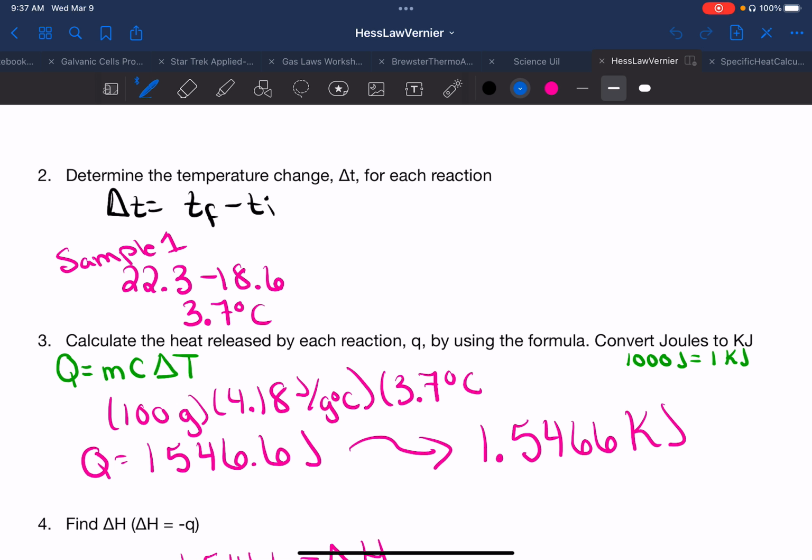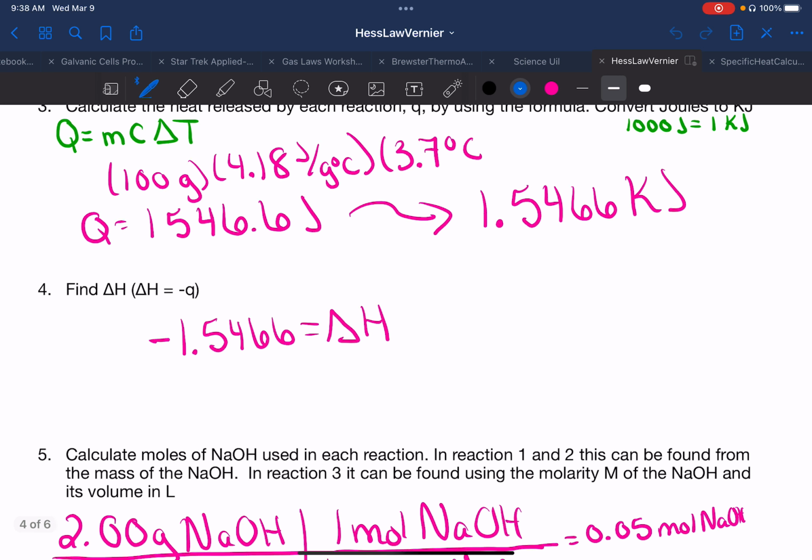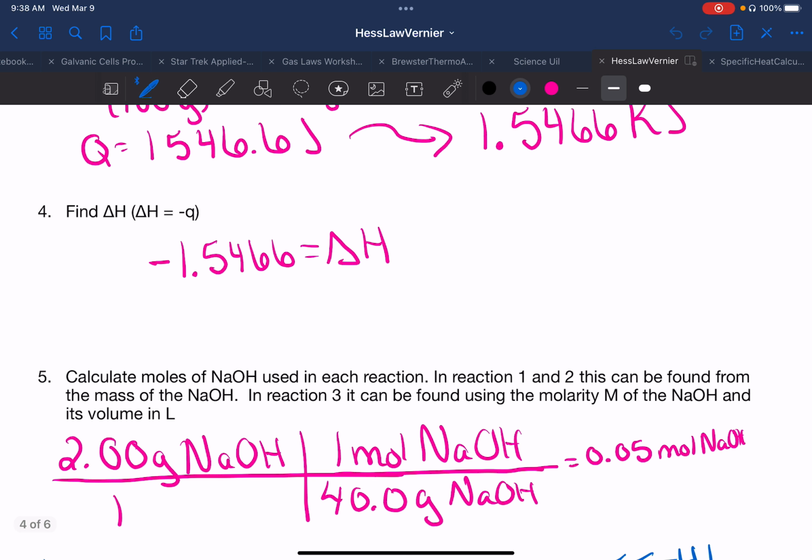All I have to do is divide by 1,000, because 1,000 joules equals 1 kilojoule. Then step 4 says your delta H equals a negative Q. So my delta H will be a negative 1.5466, because that's in kilojoules.